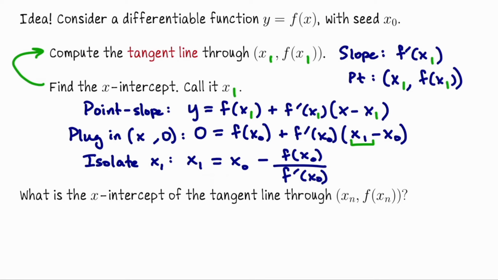To get our next crossing, we're going to call that crossing x2, update this formula, and we know that we'll find x2 when 0 equals f of x1 plus f prime at x1 times x2 minus x1. Doing all the same algebra steps before gives us x2 in terms of x1.